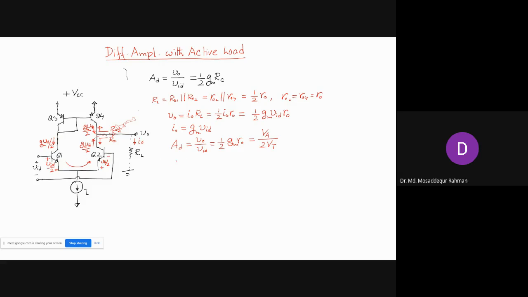So we get a very high gain at the output. For VA 100 volt and VT 25 millivolt, you get a gain of about 2000 volt per volt.